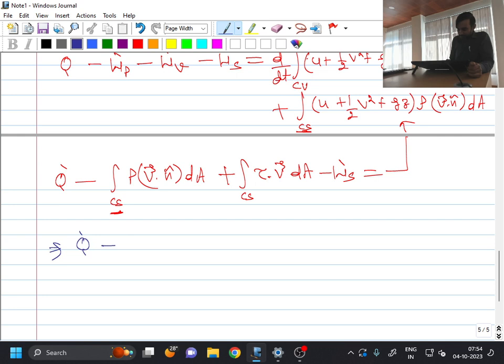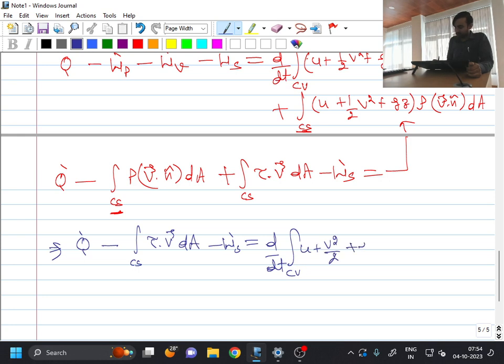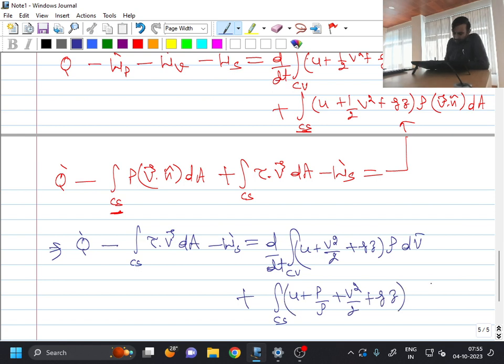Ultimately I will get Q dot minus the integral over the control surface of tau dot V vector dA minus W dot S equal to d by dt of the integral over the control volume of U plus V square by 2 plus gz into rho dV bar, plus the integral over the control surface of U plus, now this P will go to the other hand side and become positive, and if I take rho common out of P also, it becomes U plus P by rho, plus V square by 2 plus gz times rho into V vector dot n cap dA.